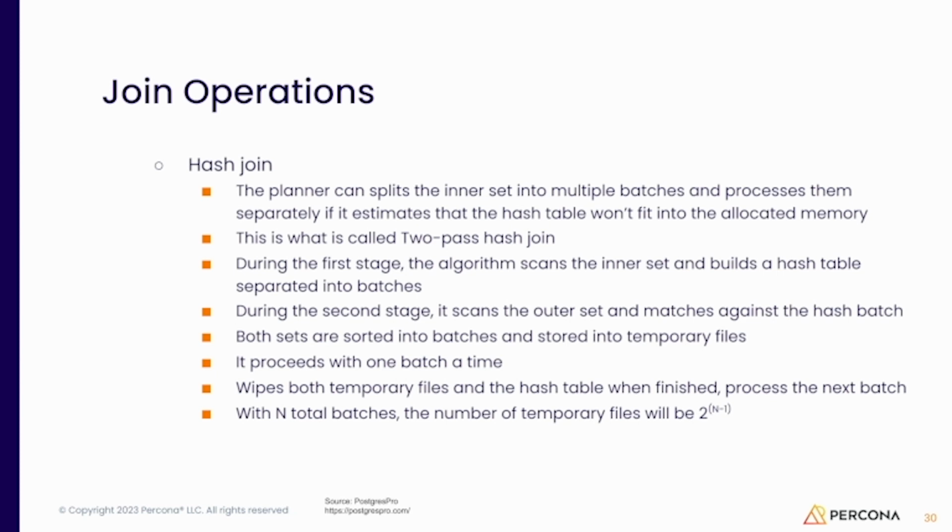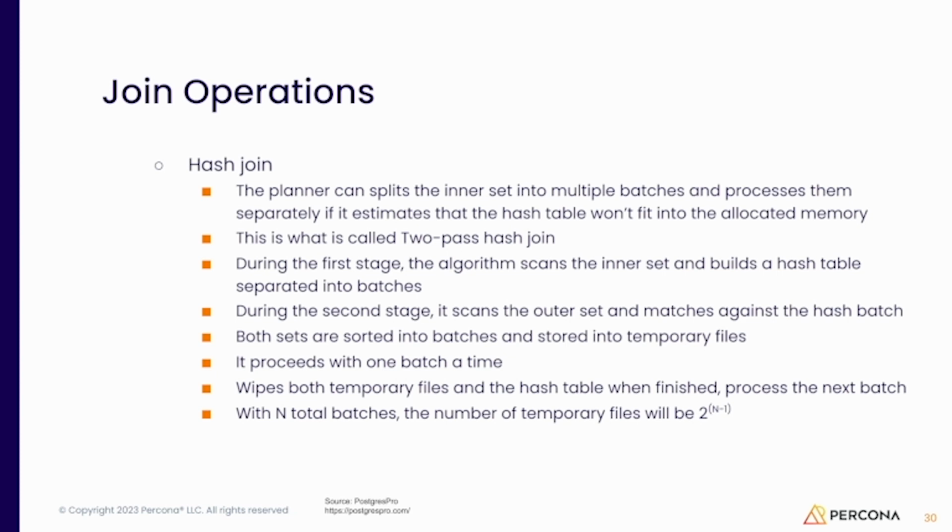And it needs at least 2 temporary files for each batch. One for the hash itself, and another one for the data that comes from the second table. So when it splits all of them, it starts the comparison and builds the result to send to the client, right?